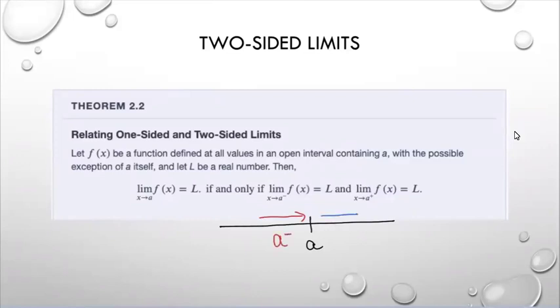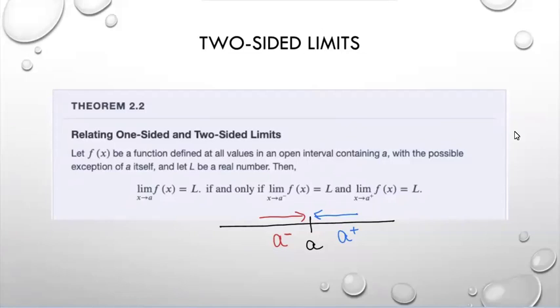If we go in this direction, we are approaching a from the right. So now this is our line. If the function is approaching the same value from the left and from the right, then the limit of the function when x approaches a exists and it's equal to L.